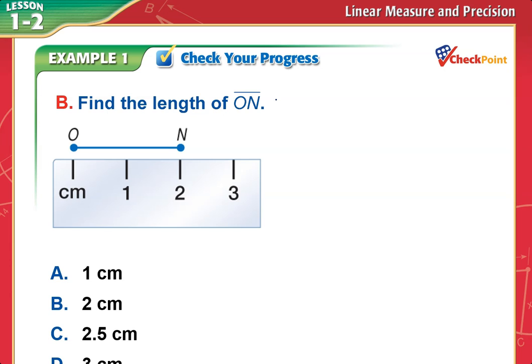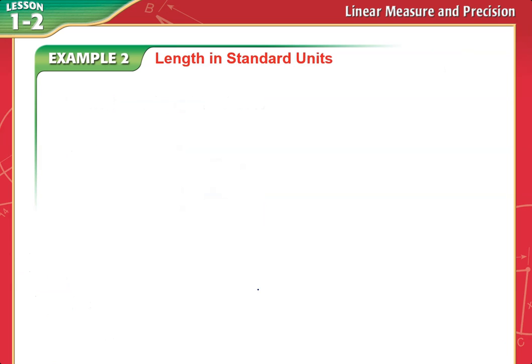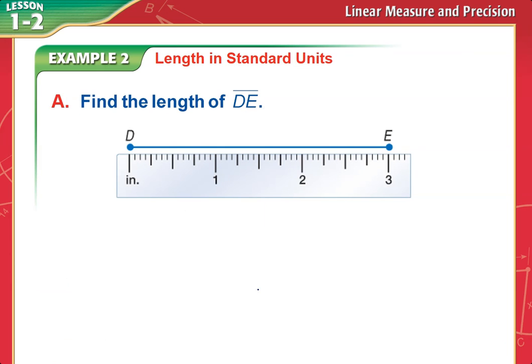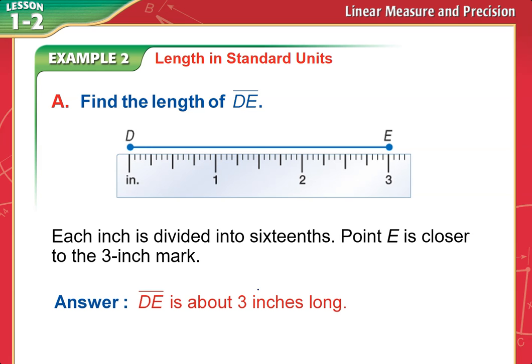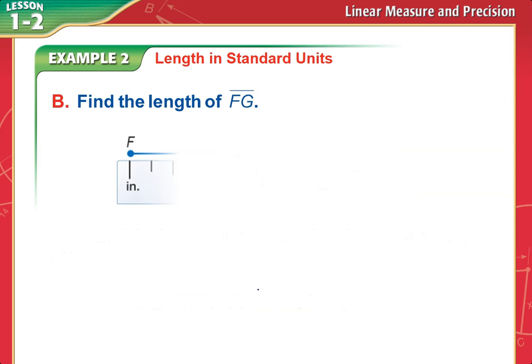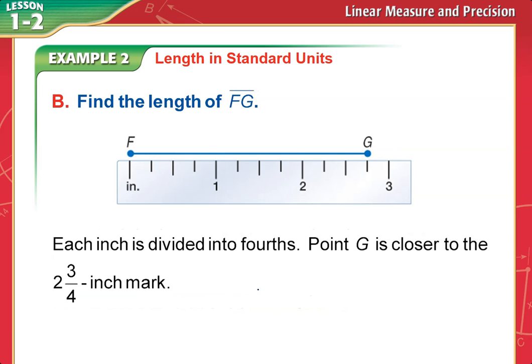Find the length of line segment ON. Is it 1, 2, 2.5, or 3? The answer is 2 centimeters. Find the length of line segment DE. We can easily see that this is 3 inches. Find the length of line segment FG.